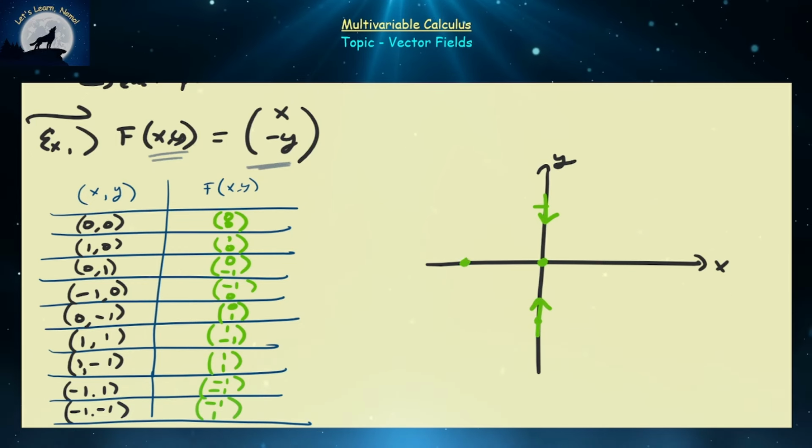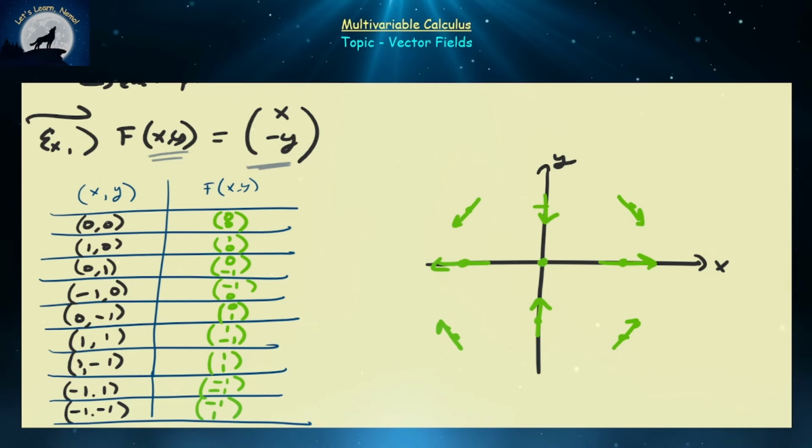And then if you go to the point negative 1, 0, that's going to be the vector negative 1, 0, which is going to point leftwards. And then if we pick the point 1, 0, that's going to be the vector 1, 0, which is going to point rightwards. And then if I pick, for example, these inner cardinal points, we're going to have a vector pointing in that direction, that direction, that direction, and that direction.